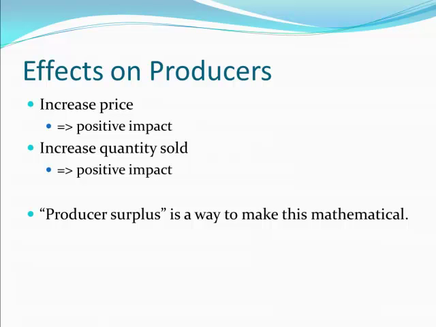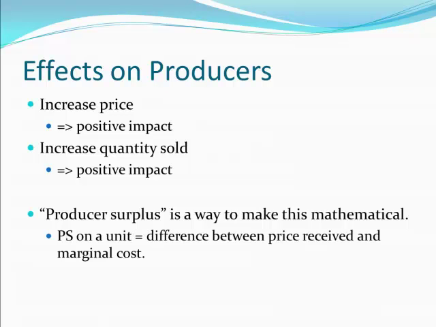Right, so there's also this idea of producer surplus, really just a way to take this general story and make it mathematical again. The producer surplus on a particular unit is equal to the difference between the price received for the unit and the marginal cost of producing that unit. That would be the surplus that a particular producer gets on a particular unit. Then we look at producer surplus in the whole.